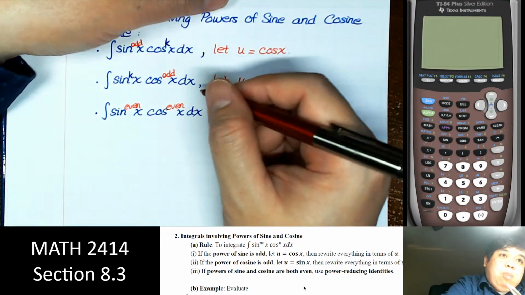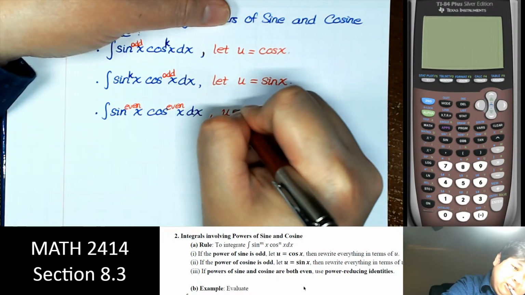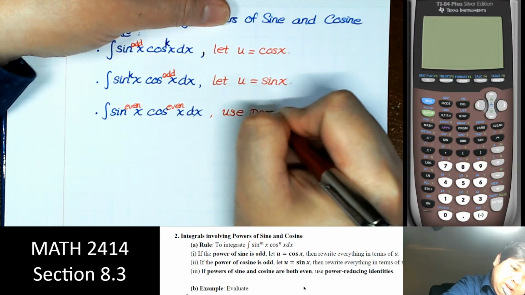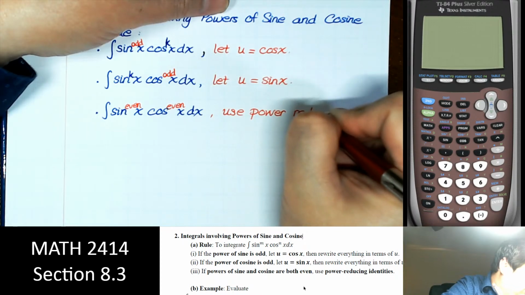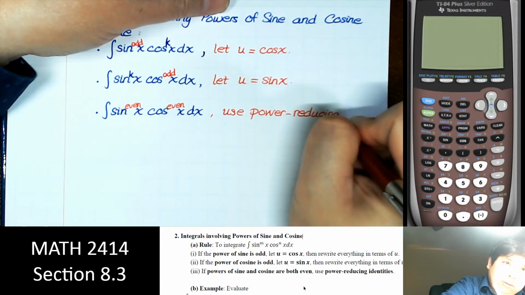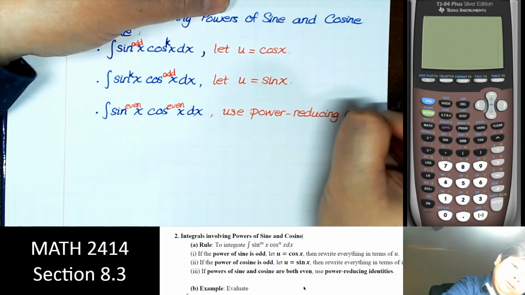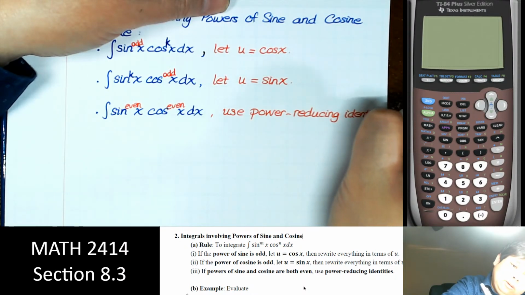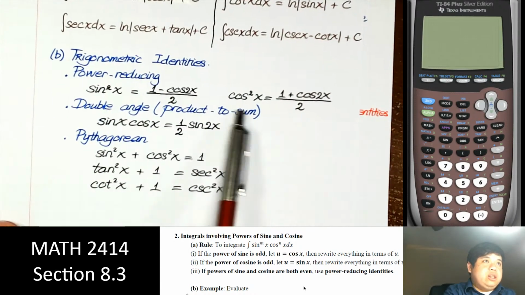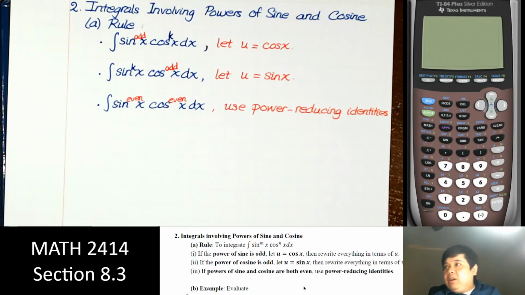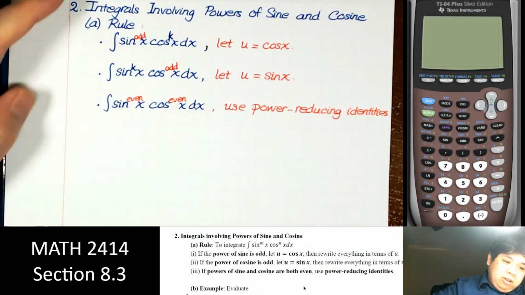We can only use power reducing, meaning that we're going to use this too. Let's look at some examples.